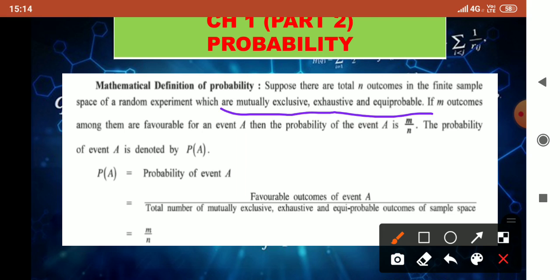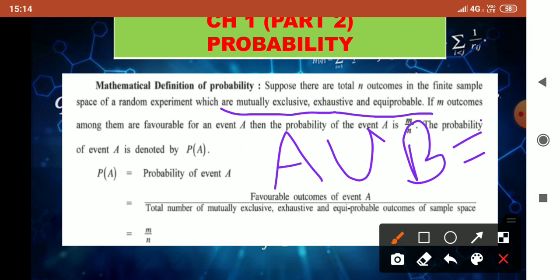What do you mean by mutually exclusive? When A intersection B is the null set, that is mutually exclusive. And when A union B is U, then it is exhaustive.